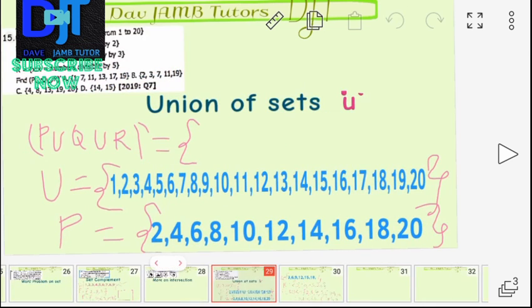So remember that I had opened a curly bracket here for things that are not in it, which is the complement of P union Q union R. If you want to find the complement of any value, you must first have the value itself before you find the complement.